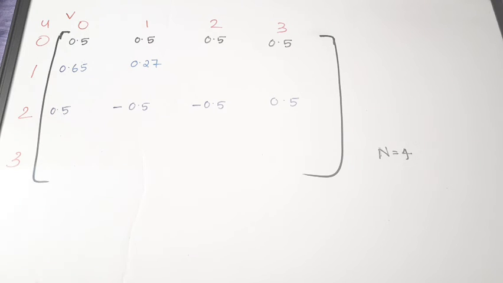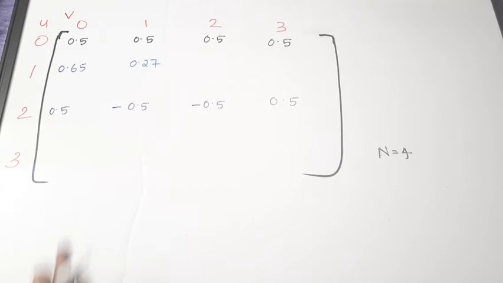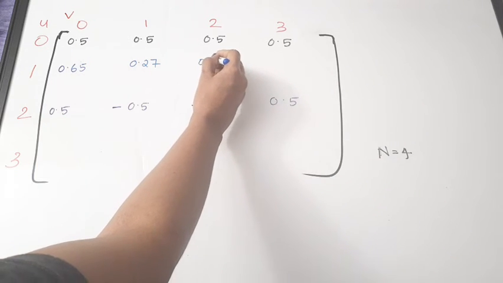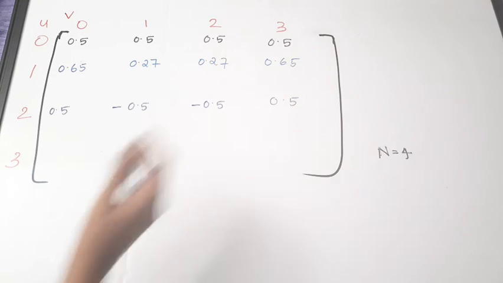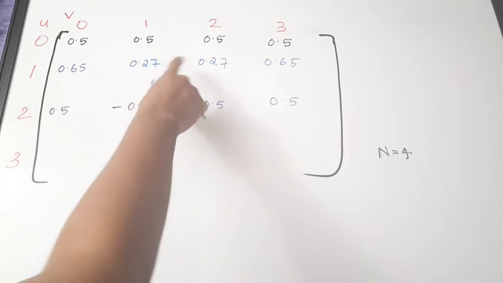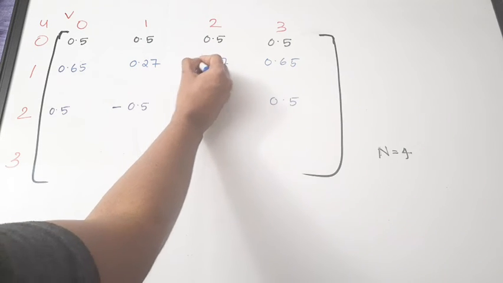Other values you can remember if you know how the sign is changing. Now, the next two is actually the reversed form: 0.27, 0.65. Just reverse these two elements. Here it is 0.65, 0.27, so reverse it: 0.27, 0.65. And also, they are negative.